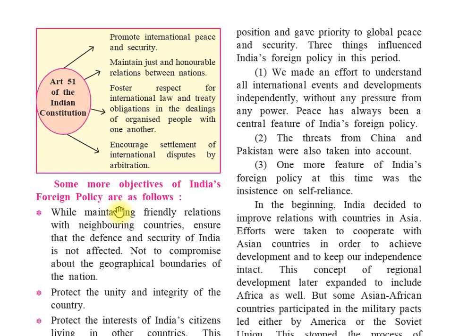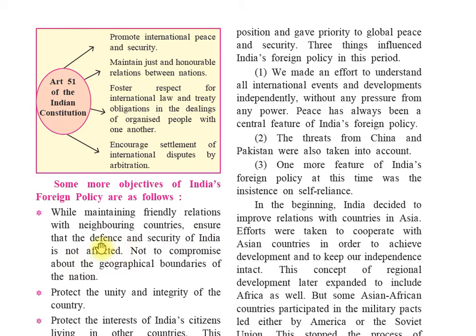Now, next, some more objectives of India's foreign policy are as follows. While maintaining friendly relations with neighboring countries, ensure that the defense and security of India is not affected.